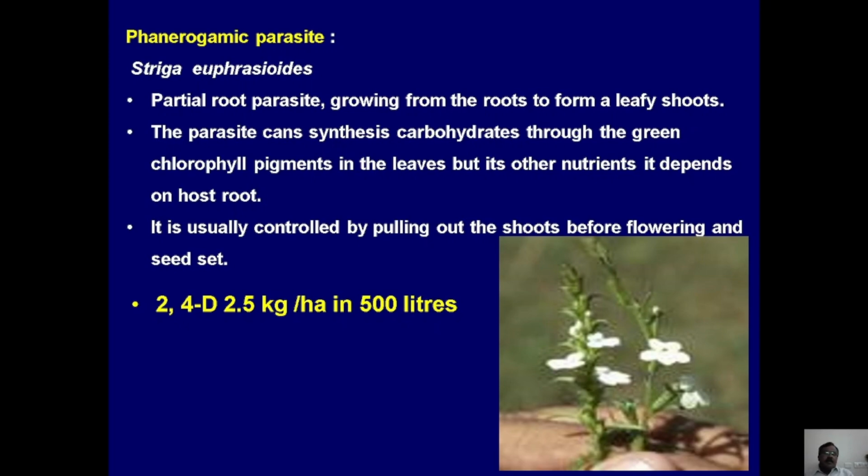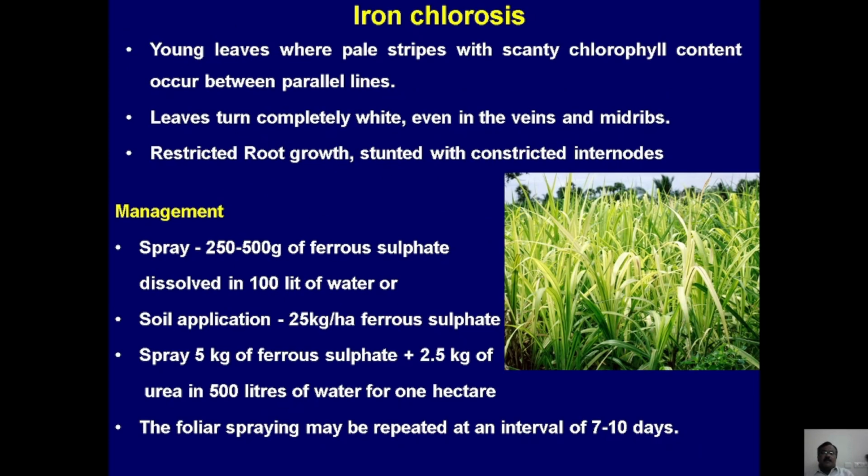And this can be controlled by application of 2,4-D at the rate of 2.5 kg per hectare mixed in 500 liters of water. And then iron chlorosis, which is a nutrient deficiency, is also one of the common problems in the sugarcane cultivated area.